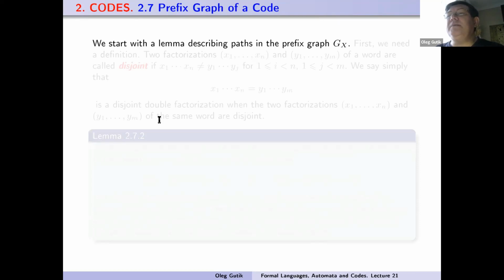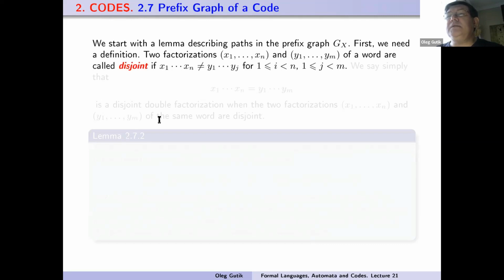We start with the lemma describing paths in the prefix graph G_X. First, we need a definition. Two factorizations x1...xn and y1...ym of a word are called disjoint if the word x1...xi is not equal to y1...yj for i from 1 to n minus 1 and j from 1 to m minus 1.